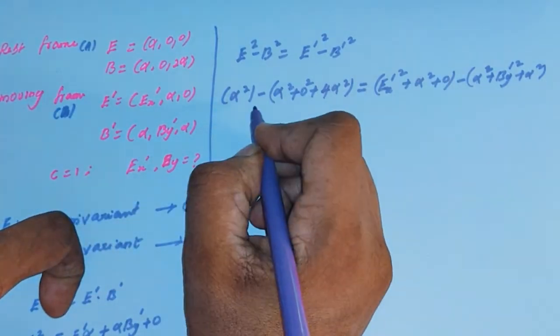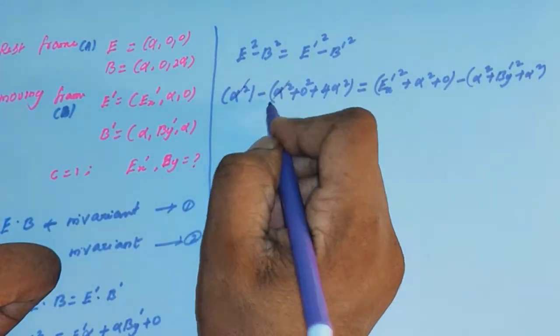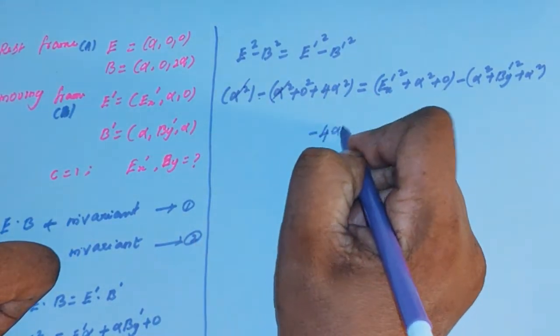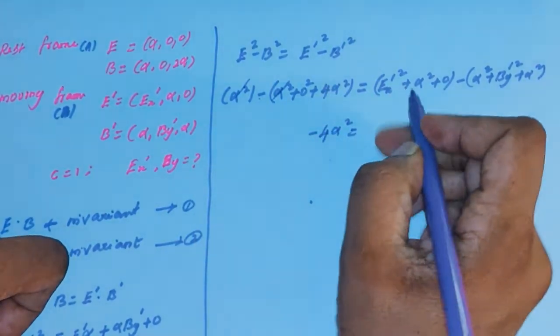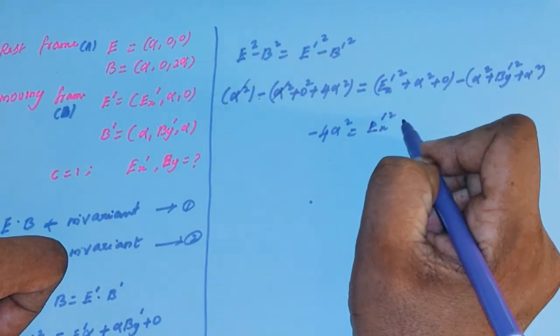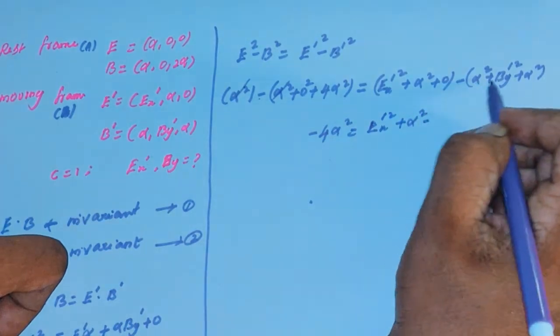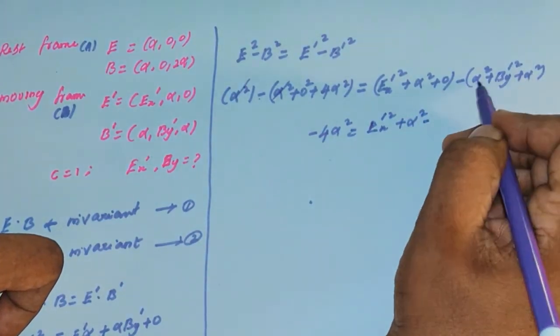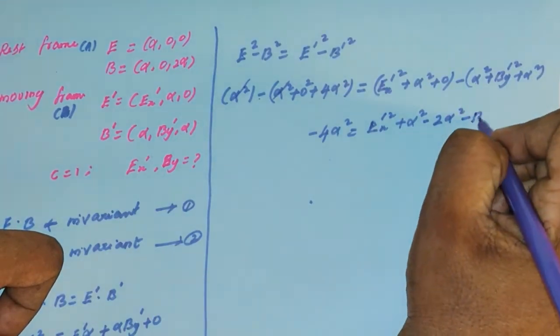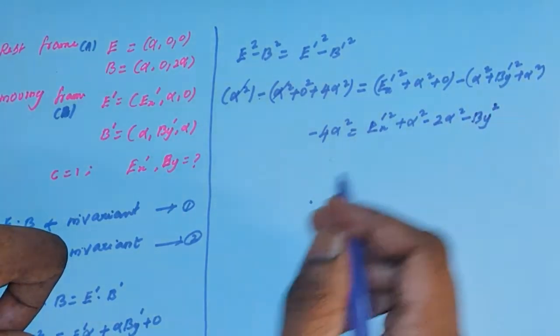In the left hand side, you can cancel this alpha square minus alpha square, then minus into 4 alpha square, you have minus 4 alpha square on the left hand side. Right hand side we have Ex prime square plus alpha square plus alpha square, 2 alpha square, so minus 2 alpha square minus By prime square.